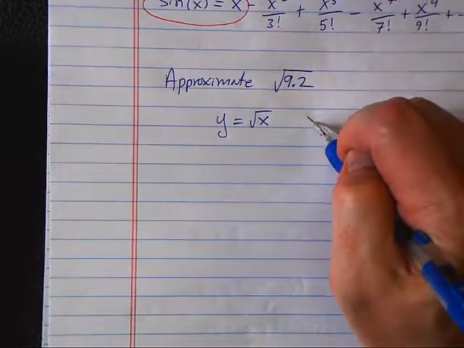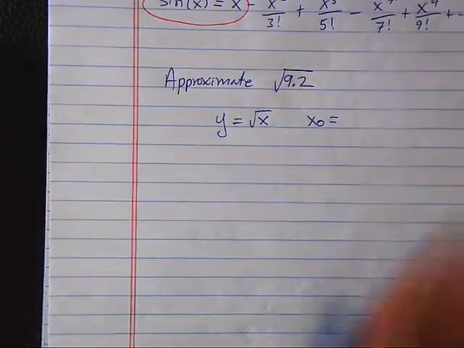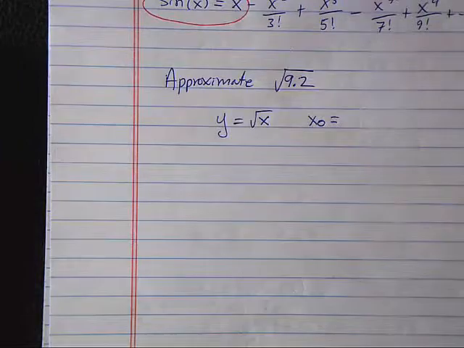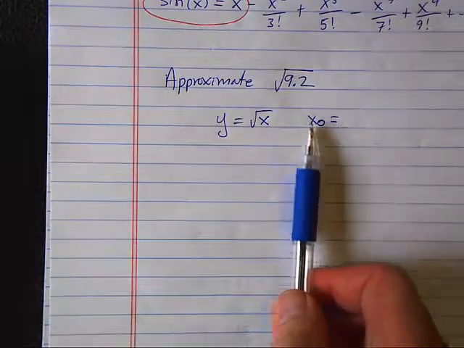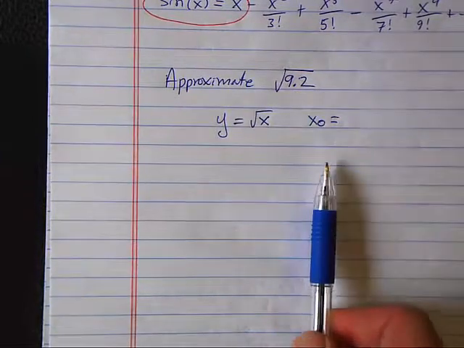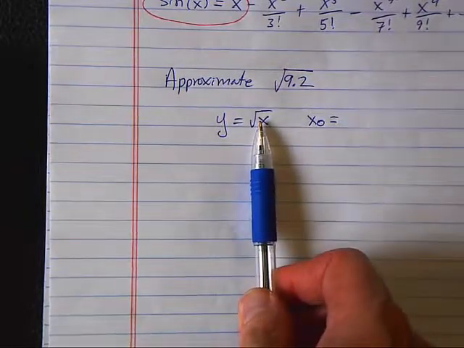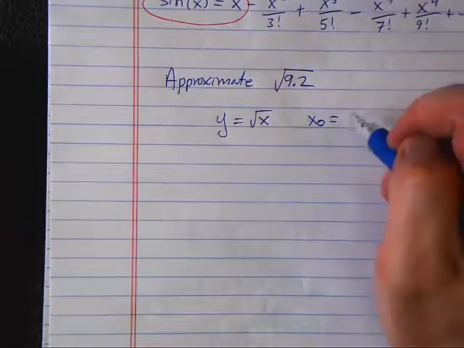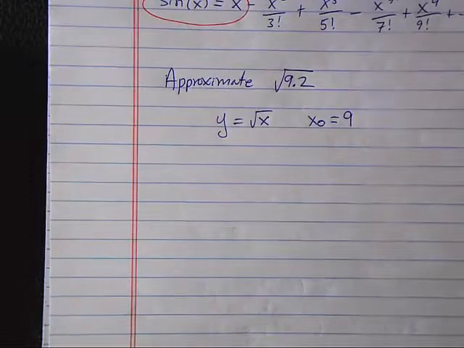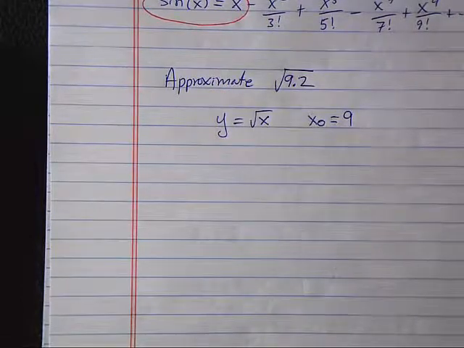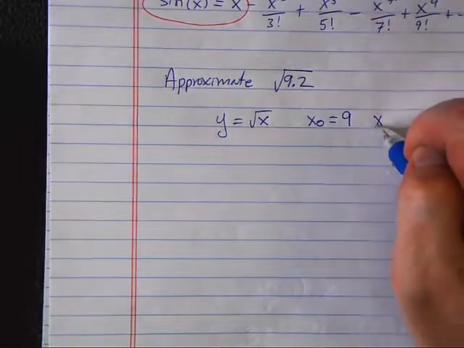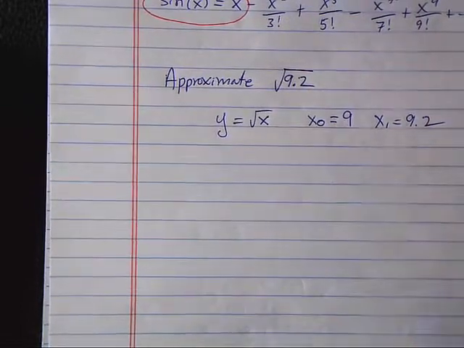I need to pick my base number. You want a number close to 9.2, but you want a number that's real easy to plug into your original function. 9 is a real easy number to plug into that original function, isn't it? And then the x1 would be 9.2.